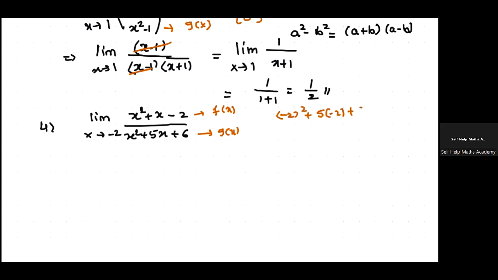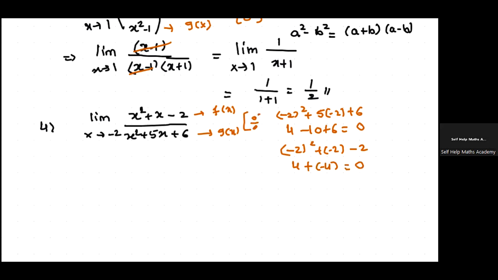This is 4 minus 10 plus 6, which is 0. How about the numerator? The numerator is negative 2 the whole square plus negative 2 minus 2. This is 4 minus 4, so this is again 0. That means you have got 0 by 0 form again.